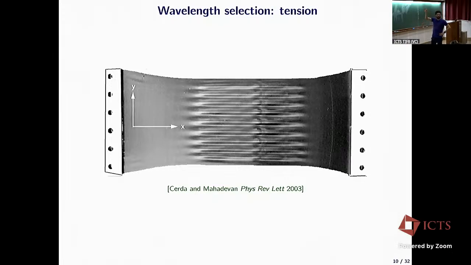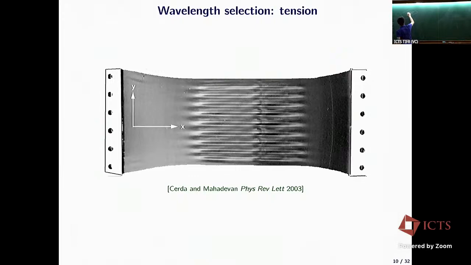So the stress field is very complex, but the wavelength is simple to understand. And for the wavelength, there is bending, but then, I don't know if I want to make a drawing. Wrinkles will be like this. You will have peaks and valleys that will go like this in between.